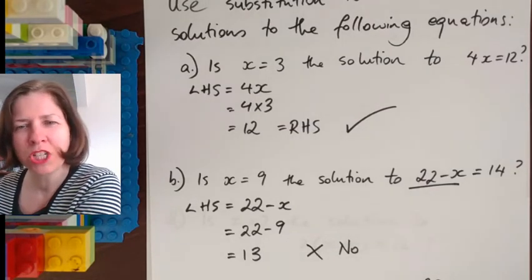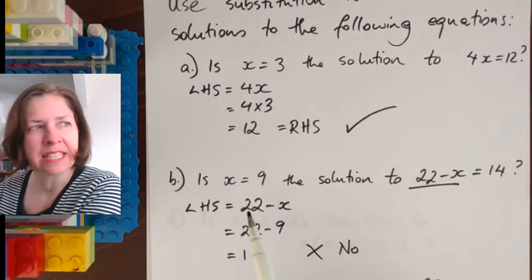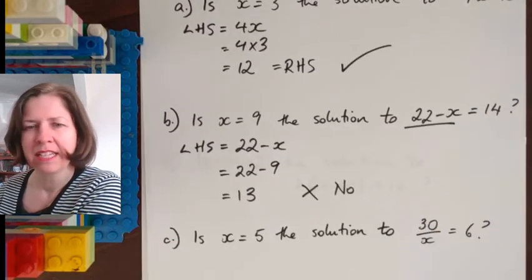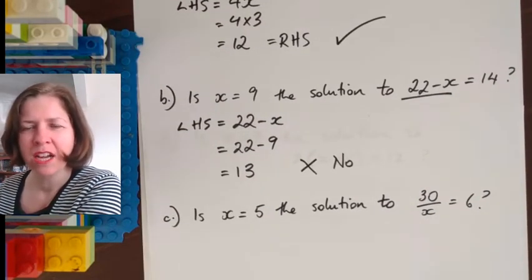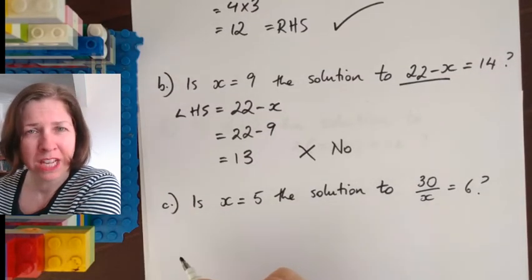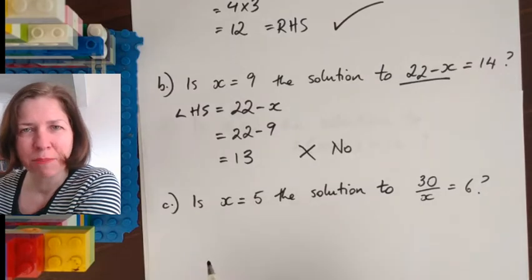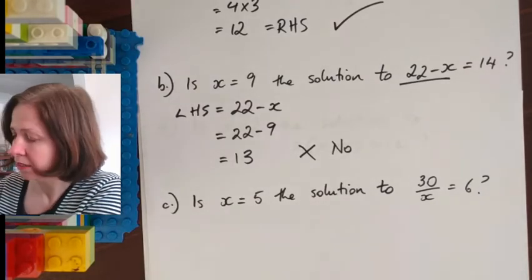Now notice the question doesn't ask me to find the solution. It just asks me to check whether this is the solution. Here's another one. Is x equals 5 the solution to 30 over x equals 6? Same thing. Pause the video, do it yourself, and then hit play. Okay, let's try it.